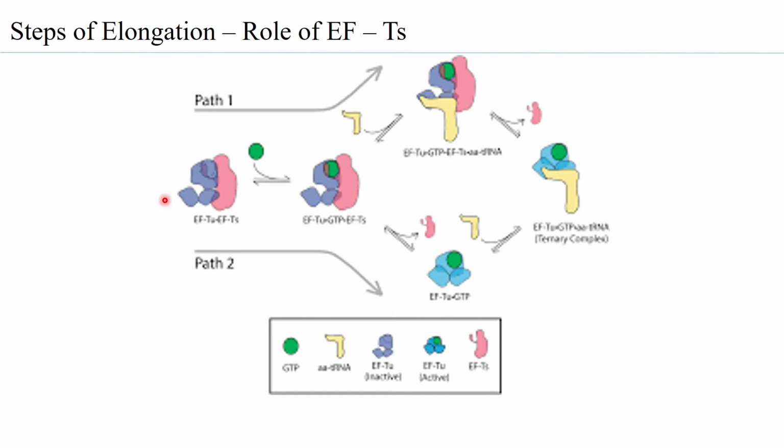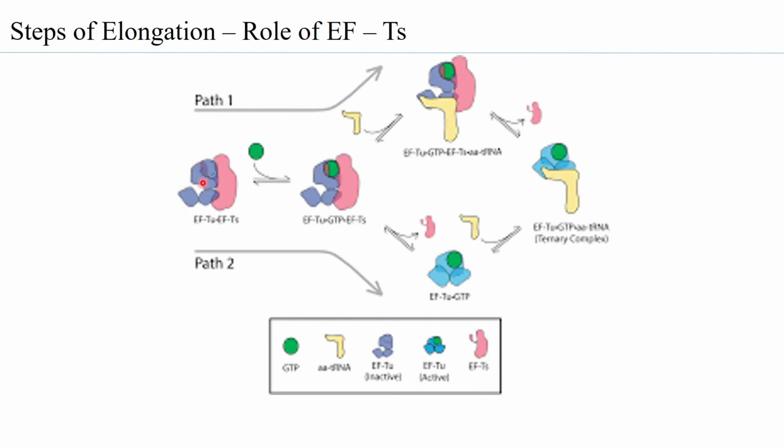Also, it is interesting to note that EF2 GDP cannot bind to a charged tRNA. So the EF2 GDP has to get converted to an EF2 GTP to again bind to a charged tRNA. And when it binds to a charged tRNA, it can again bring the charged tRNA to the ribosome because it can associate with the factor binding center.